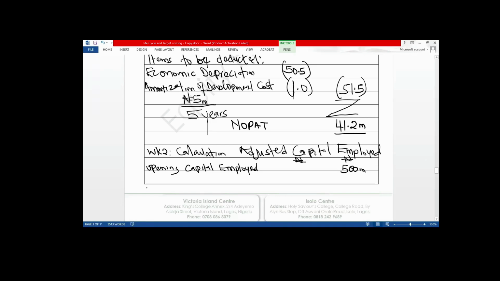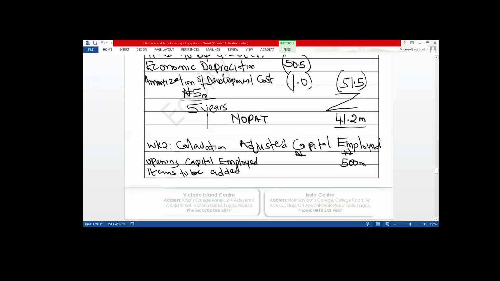Now, items to be added. One, go and check the question. Do we have non-capitalized lease assets? Yes.